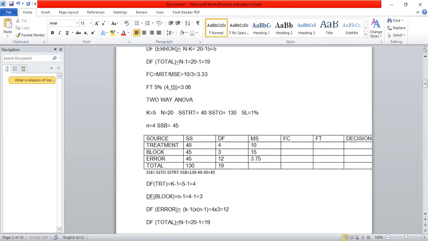So when you divide MST divided by MSE, we get the F calculated for the what? The treatment. So we're dividing 10 divided by what? 3.75. What are you getting?